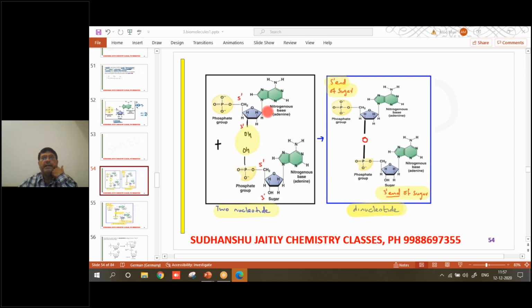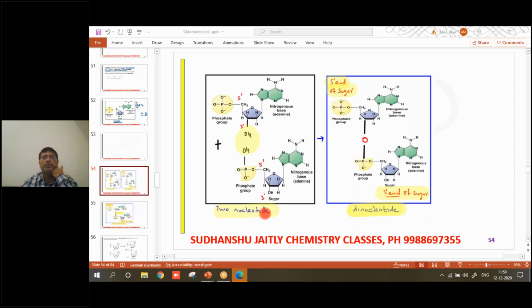अब ये एक हमारे पास दूसरा न्यूक्लियोटाइड आ गया ऊपर वाला. This is another nucleotide. See, इसकी 5 कार्बन पे जो phosphoric acid लगा था, that is having OH. शुगर का 3 कार्बन भी तो फ्री है ना, वहां पे OH है. फॉस्फोरिक एसिड का OH एंड शुगर का 3 कार्बन का OH is going to lose water molecule to form this linkage.